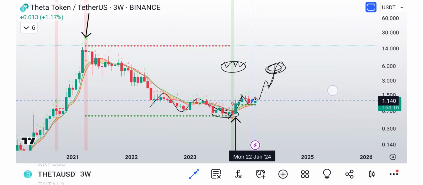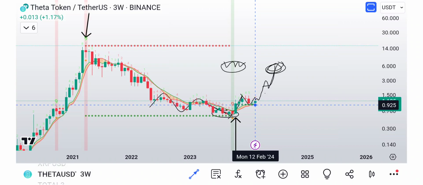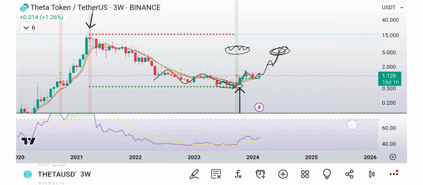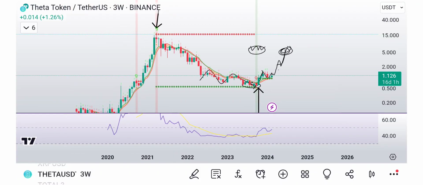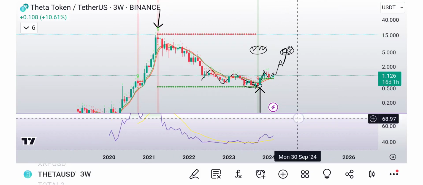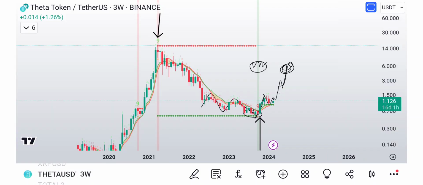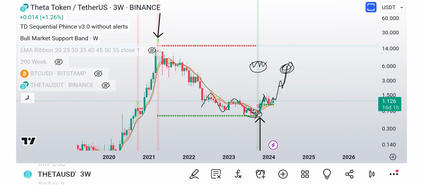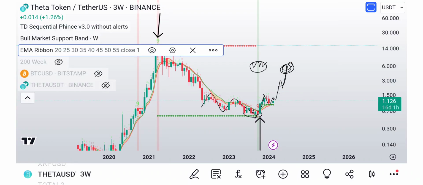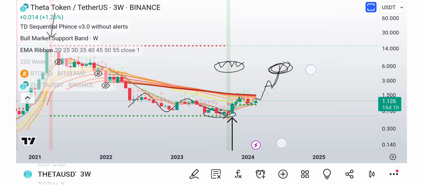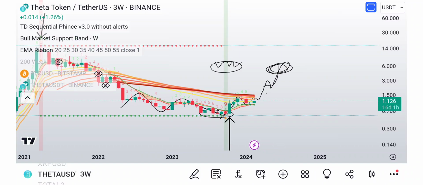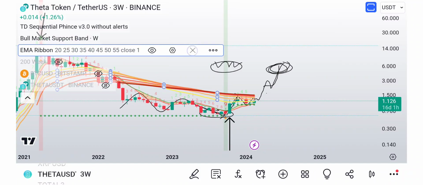And now you have an impulse and a back test of the bull market support band, right? The RSI has plenty of room to go up. You have the MACD crossover. You have the Lucid SAR that I don't have up at the moment. You've got a little bit of work to do with the EMA ribbon, but that's okay.